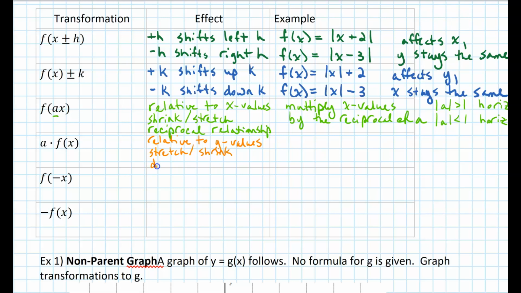And this one is a direct relationship. Okay, and so again, it affects the y values, so we multiply y by A.